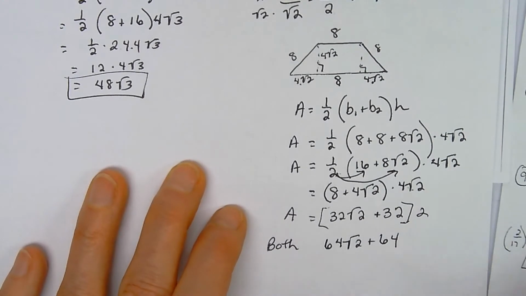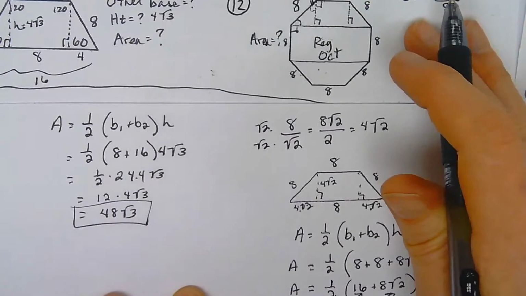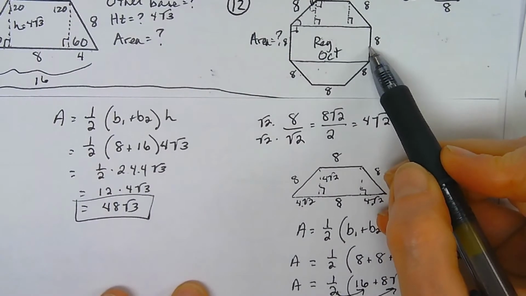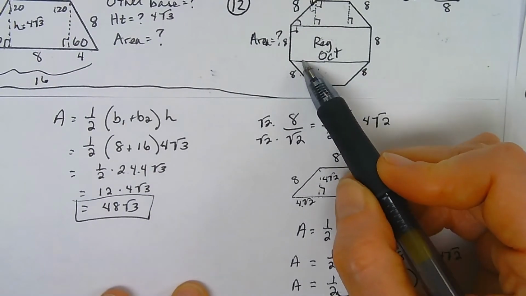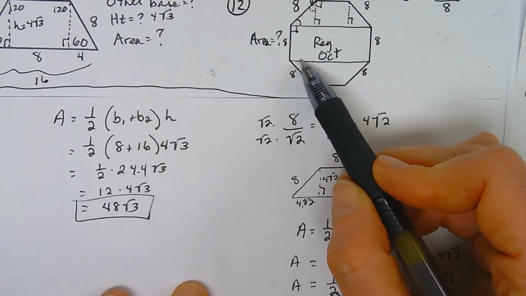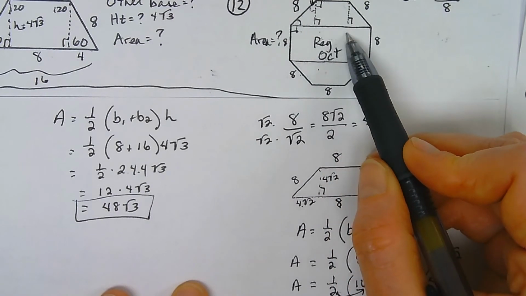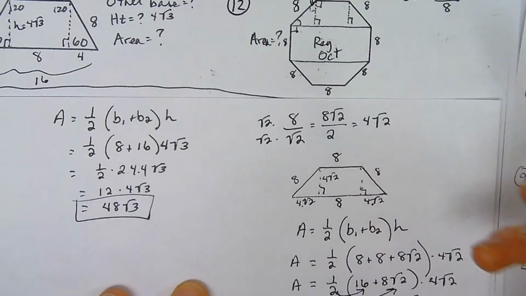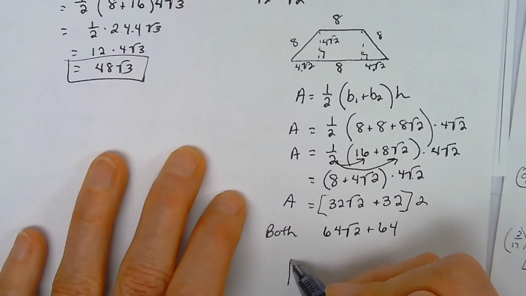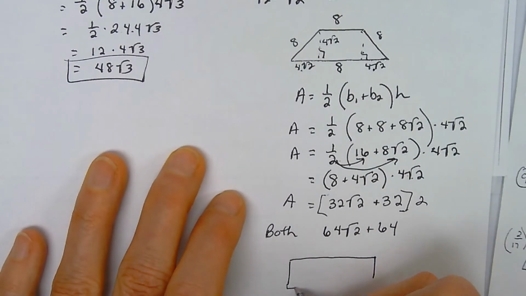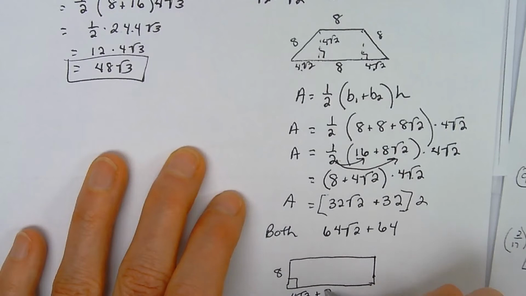Now the area of the rectangle is going to be equal to 8 times, it's the base times the height, so it's going to be this base, which we determined to be 4 rad 2 plus 8 plus 4 rad 2, and we're going to multiply that by 8. So the rectangle is, this is 8, and this is 4 rad 2 plus 8 plus 4 rad 2.